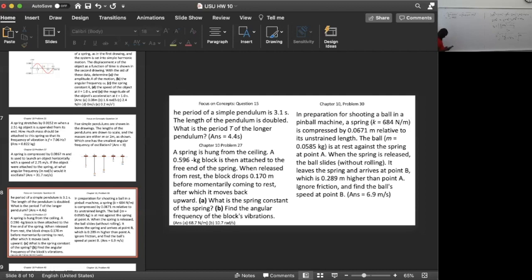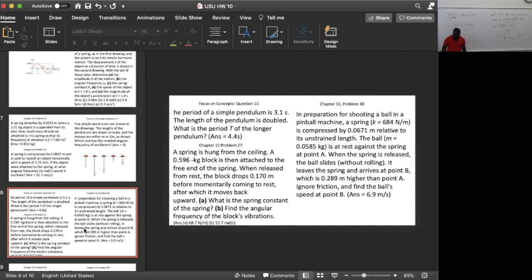So the square root of 46.8 is 6.85, 6.9 meters per second. Correct, as we have there. All right.